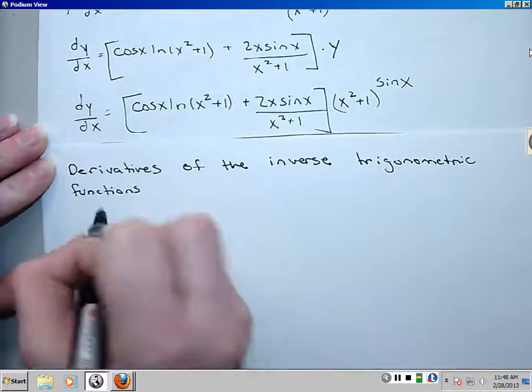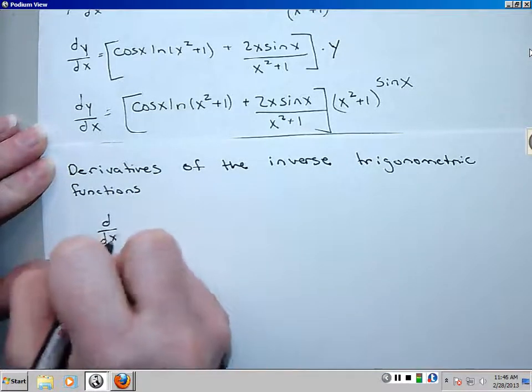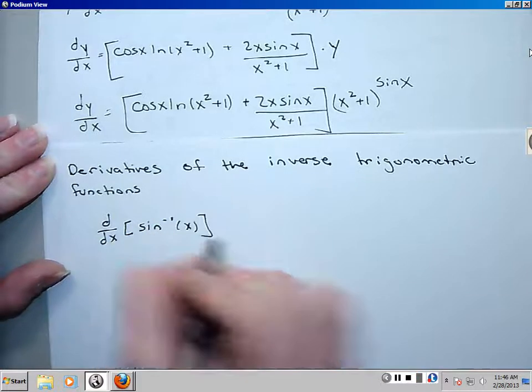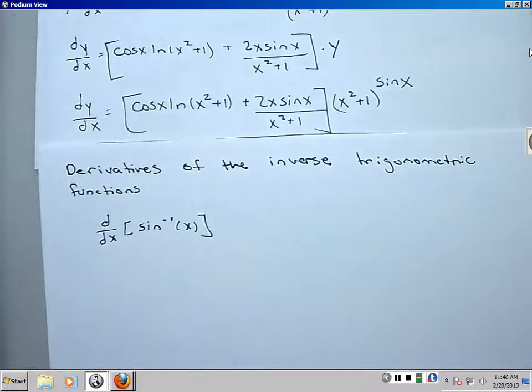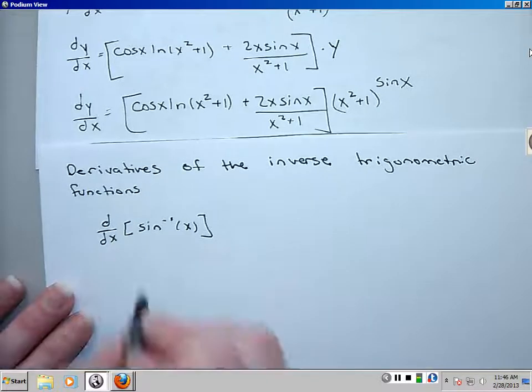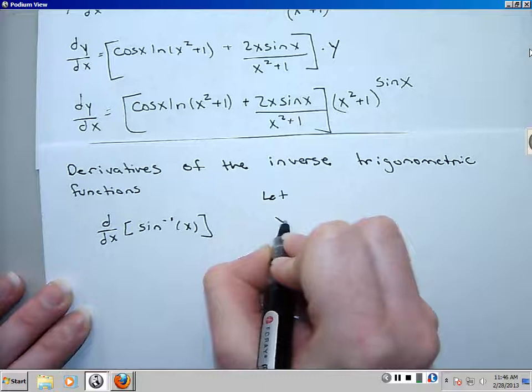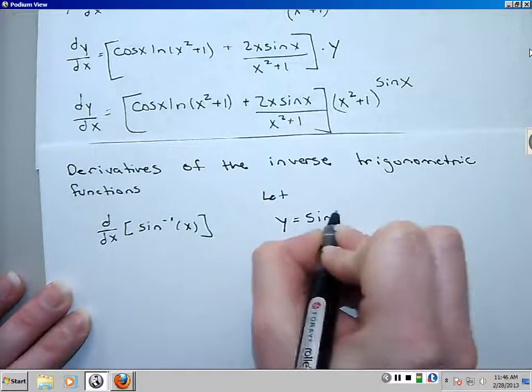So if I want to find the derivative with respect to x of sine inverse of x, then I have a relationship to my original function, sine of x. So I'm going to say, let's let y equal sine inverse of x.